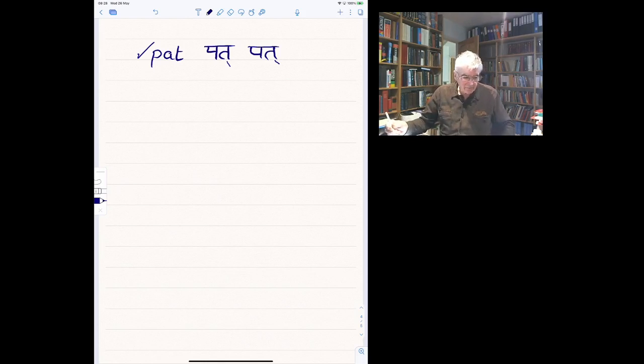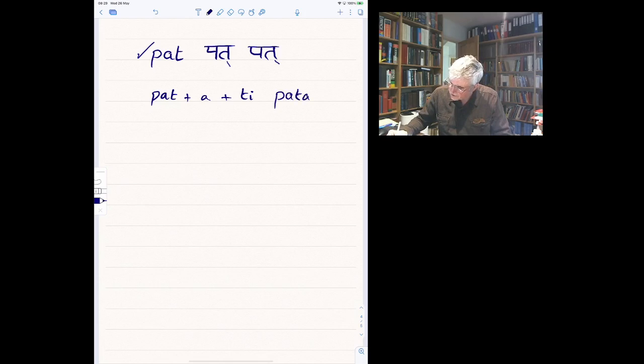Now, pat. Look at the third person singular. I will write out in Roman script along this line. Third person singular is pat plus a plus t. So that's the root pat plus the thematic sign a plus t makes patati, means he, she, or it falls. Patati.